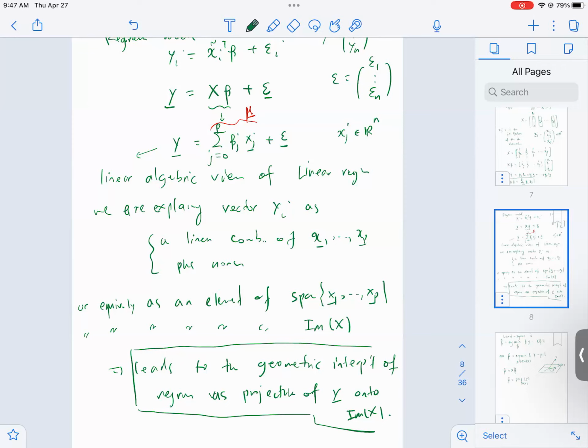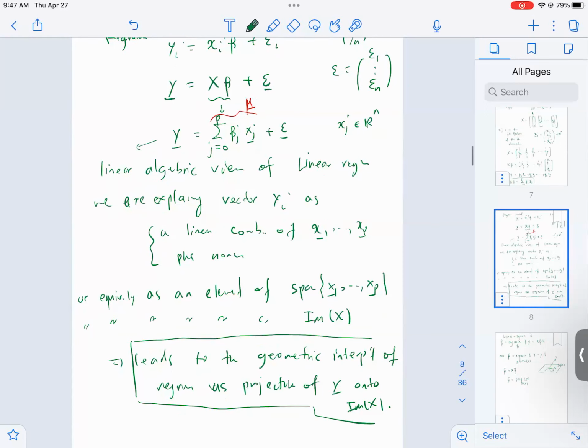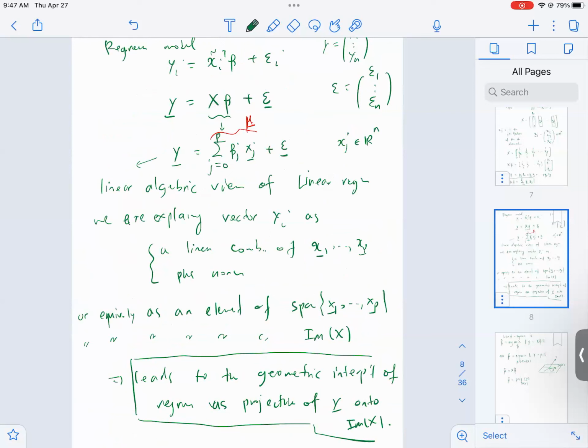Instead of looking at, let's say, functions, we can look at these vectors, y and xj, and then the problem reduces to a linear algebra problem, trying to explain y or expand y as a linear combination of the columns of capital X, or xj's. So we want to find the span of these that best approximates y. And the span is just the image. So the problem of least squares is trying to minimize this difference, which is just the projection idea.